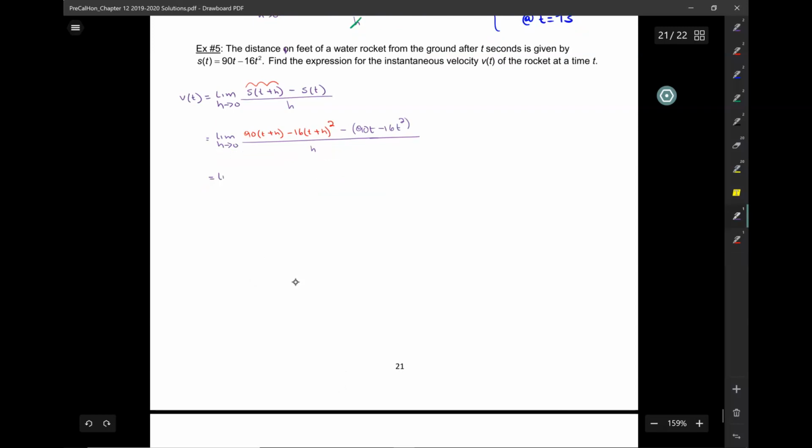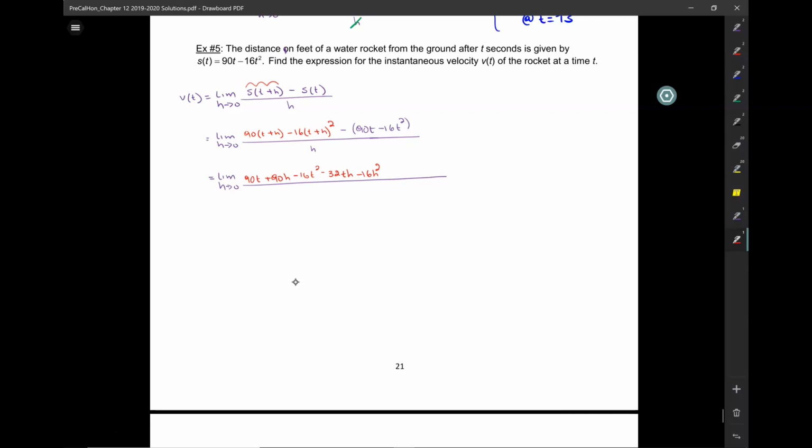Limit as h approaches 0. Oh boy, all right, so let's do the red stuff. It's 90t plus 90h minus 16t squared minus 32th. I'm just doing the whole thing, minus 16h squared.